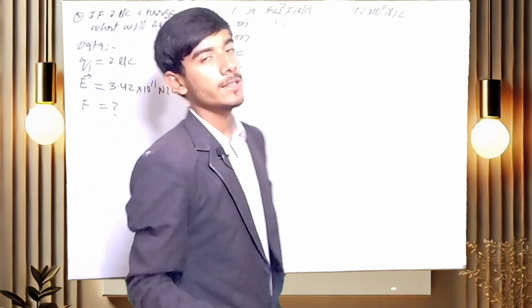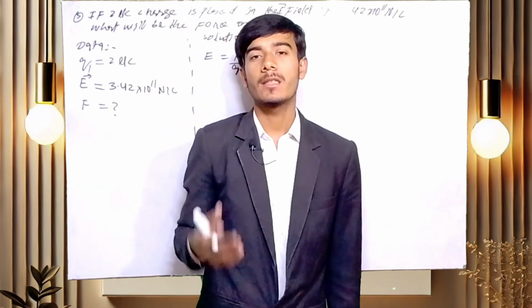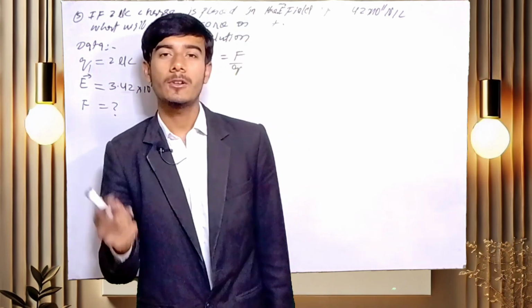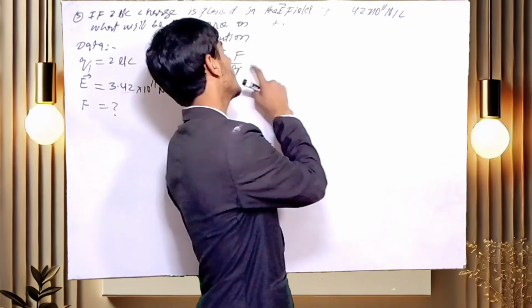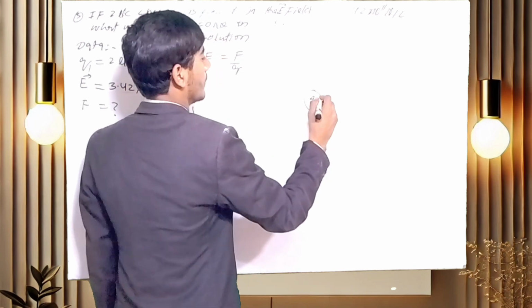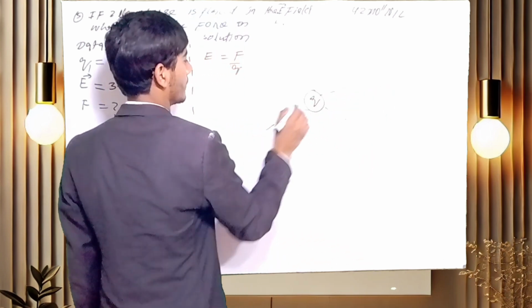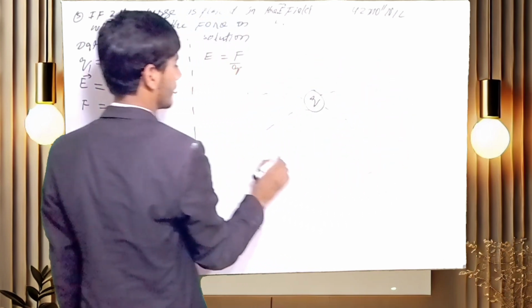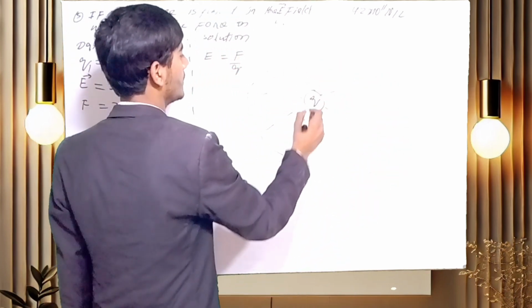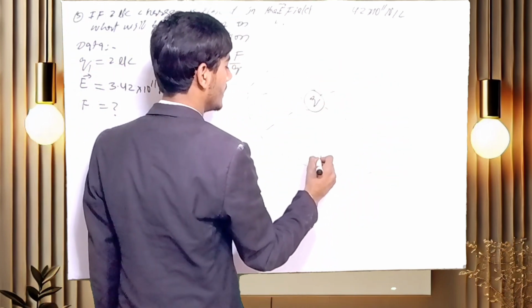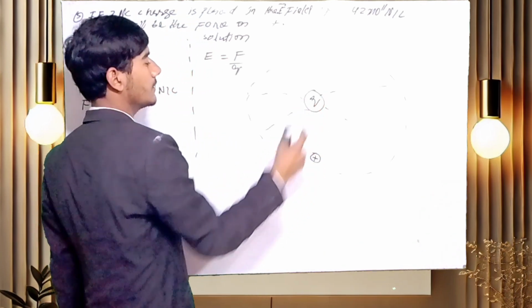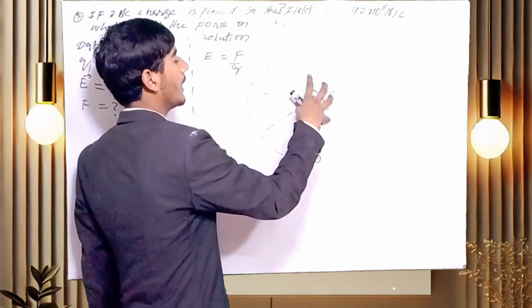If you understand what electric field is, it is force per unit charge. The force per unit charge is called electric field. For example, the space around the charge is the electric field. If I place a test charge near the source charge, it will attract the force.